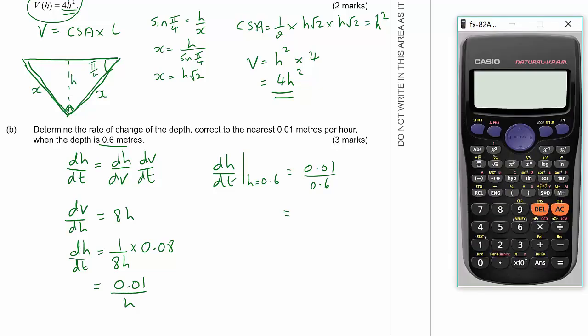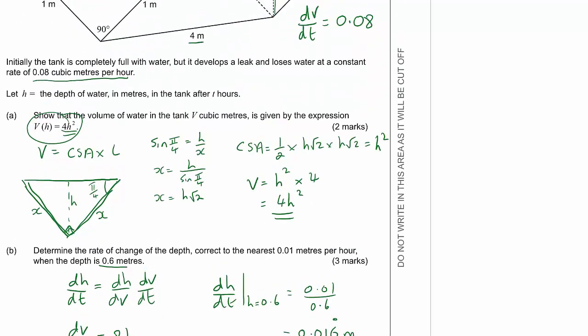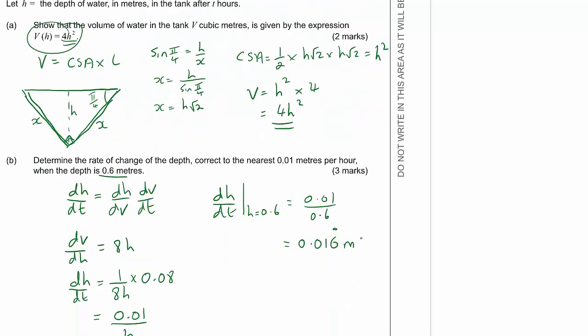So 0.01 divided by 0.6 is 0.016 recurring, and that would be in meters per hour.